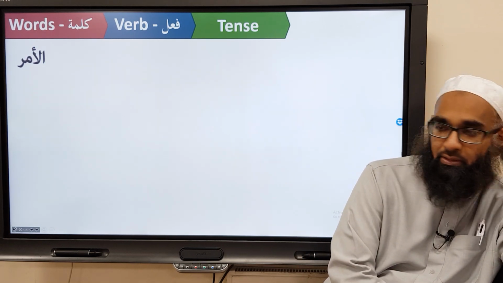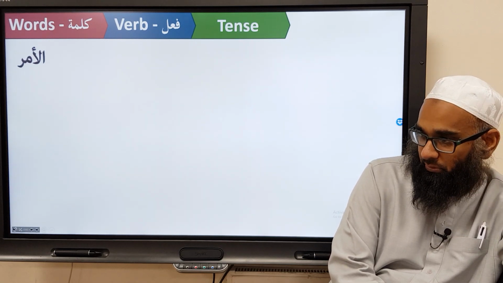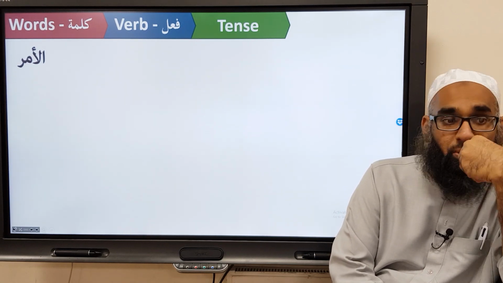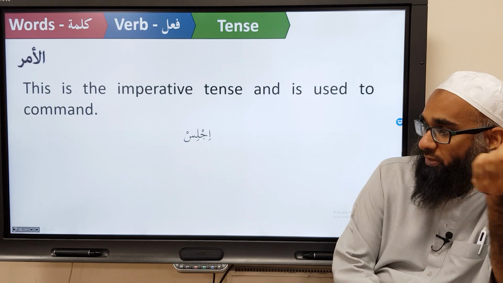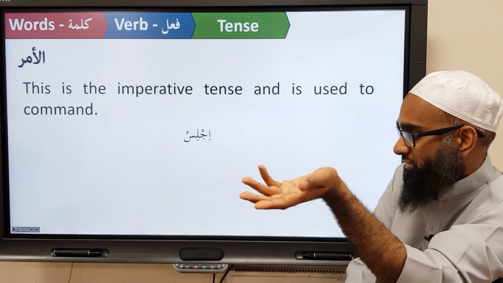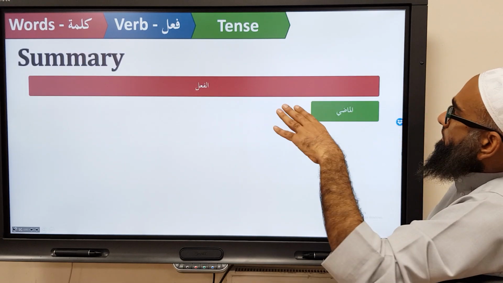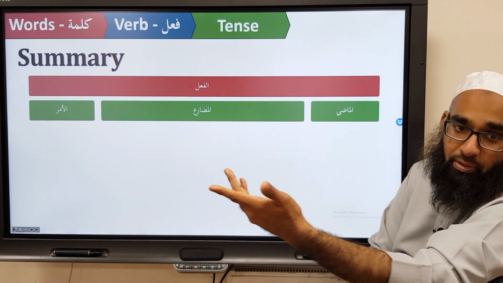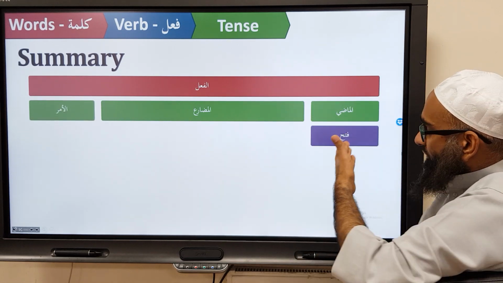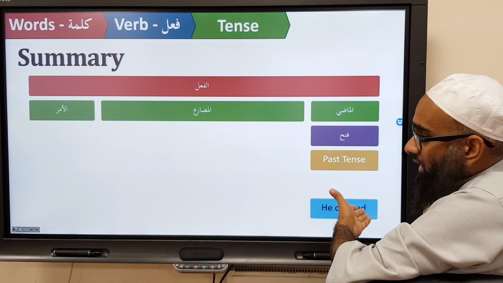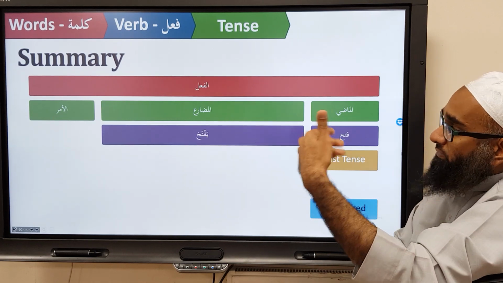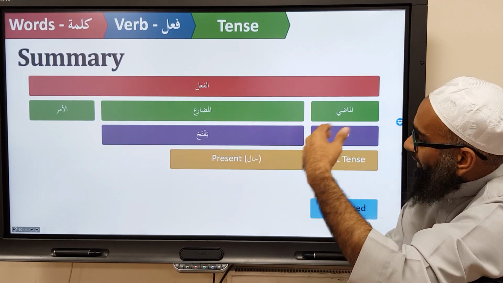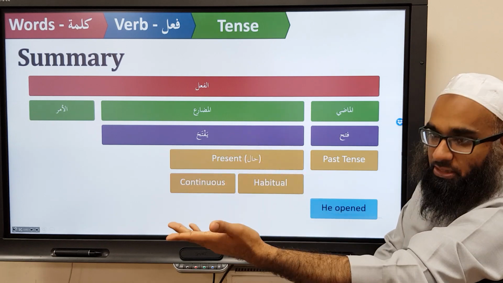Called imperative, the command. We'll see how to form this. It means to do something, to give a command. For example, ijlis, sit. So if you look at it, you have a fa'l, you have al-Madhi, al-Mudari, and al-Amr. Al-Madhi is like Fataha, past tense, he opened. Then you have al-Mudari, Yaftahu, which has the present habitual or present continuous.